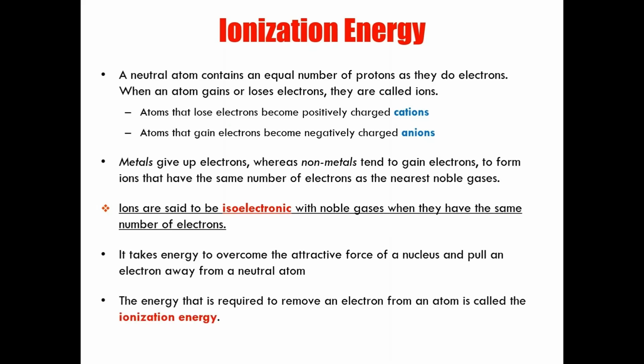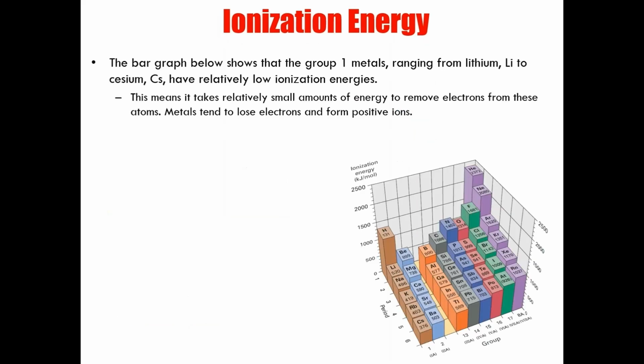This energy that is required to remove an electron from an atom is called ionization energy. And obviously, if an atom cannot overcome the ionization energy required to steal an electron from another, then ionization does not occur.